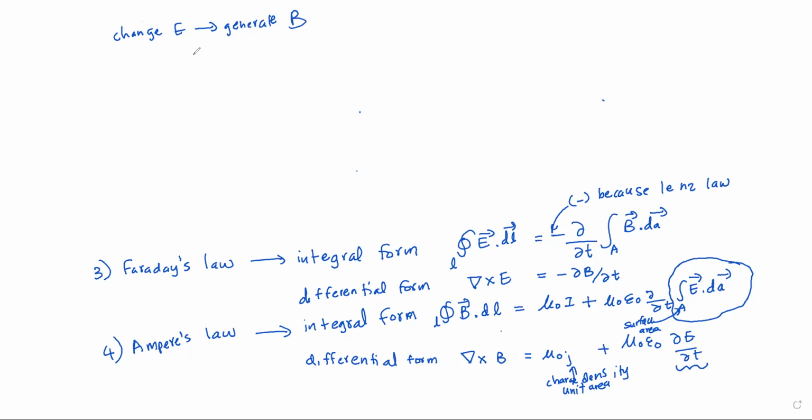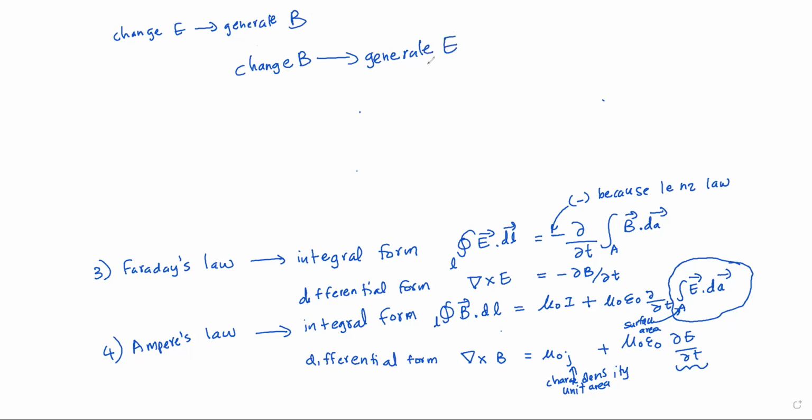Once we are changing the magnitude of the electric field, we can generate a magnetic field. And if that magnetic field also changes with time, it can generate an electric field.